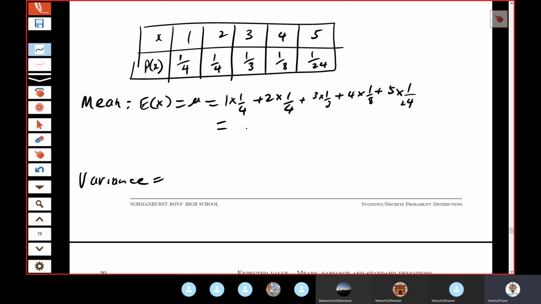So 1/4 plus a half plus 1 plus a half plus 5 on 24. That's 59 on 24, in other words, 2.4583 repeating.